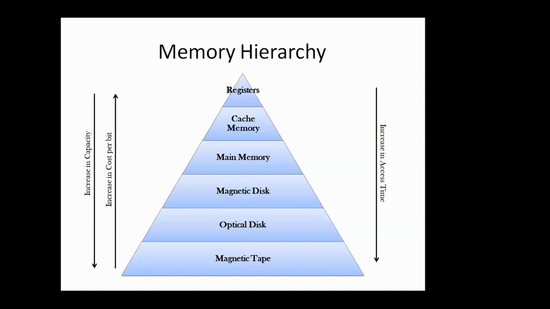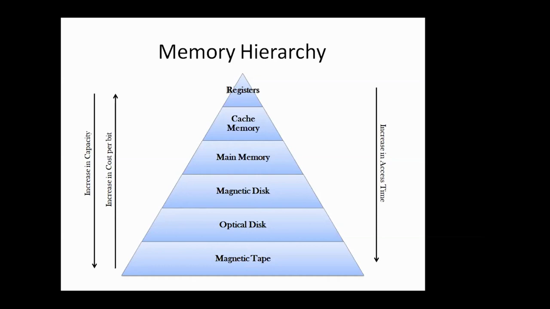Then main memory. We know very well that currently in a normal laptop or a simpler PC, we have RAMs of 4 GB, 8 GB. Even in mobile phones nowadays, we get 2 GB, 4 GB RAM. Then if you go to magnetic disk, it will be even larger.